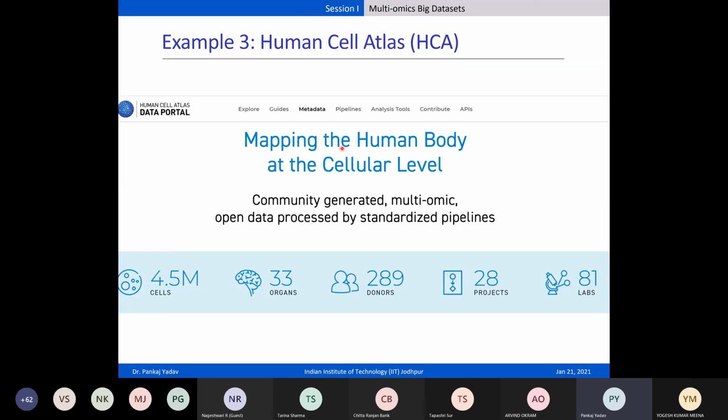But now people have changed their theme, and a huge community has become involved in generating single cell multi-omics data. What that really means is that you treat each single cell as a system itself, and you try to understand how these different cells are behaving in your body, right?